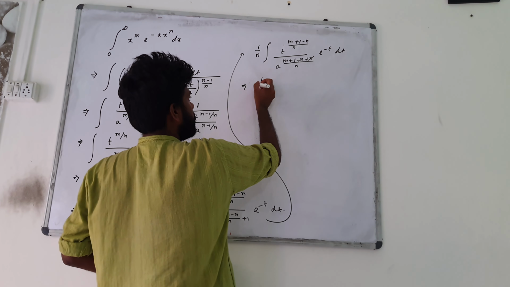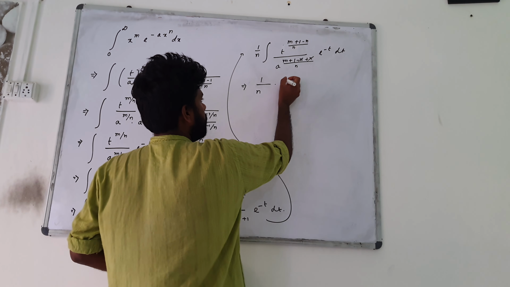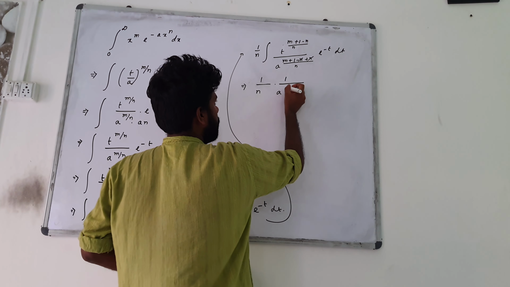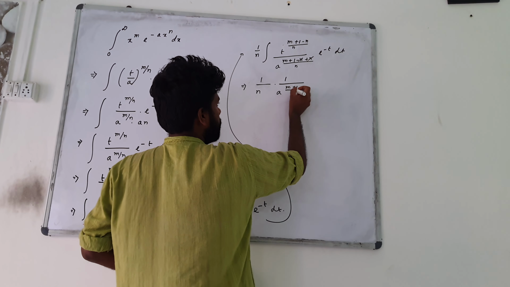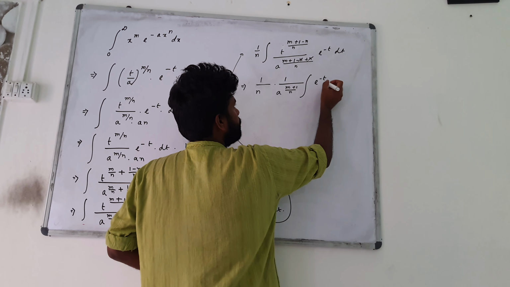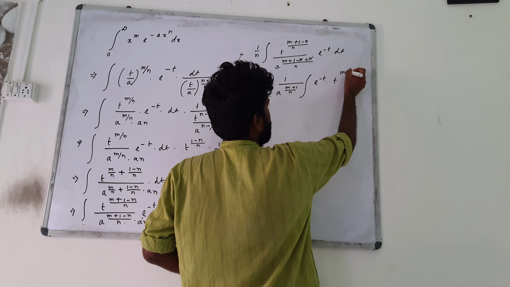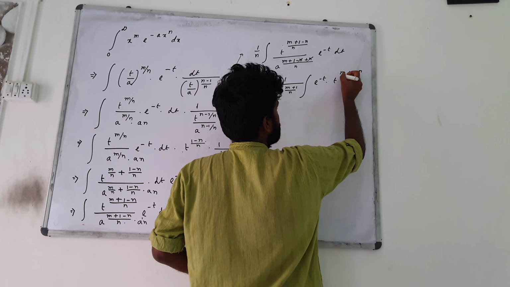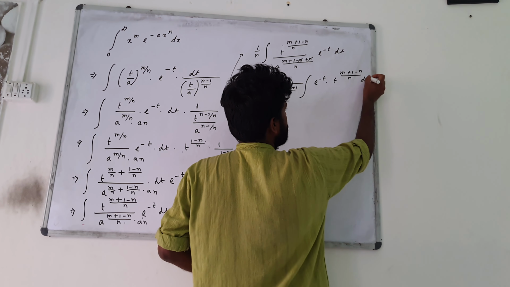So finally we reach 1 by n, 1 by a to the power m plus 1 by n integral over t to the power m plus 1 minus n by n dt.